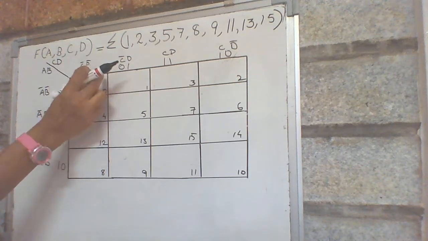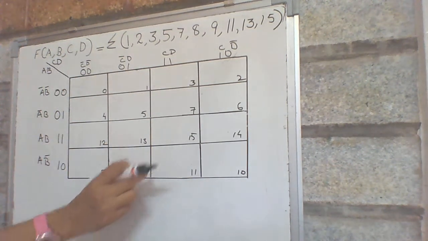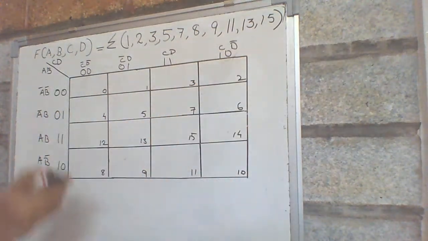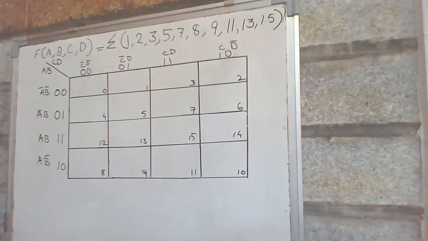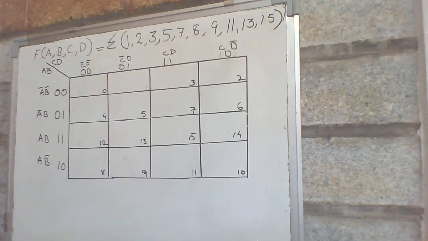The first and last columns have even numbers, and the middle columns have odd numbers.